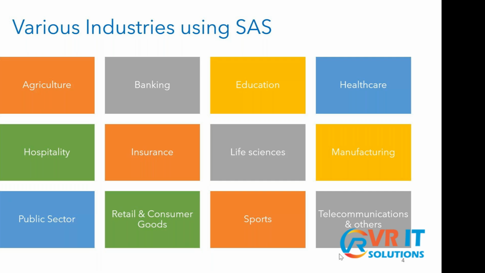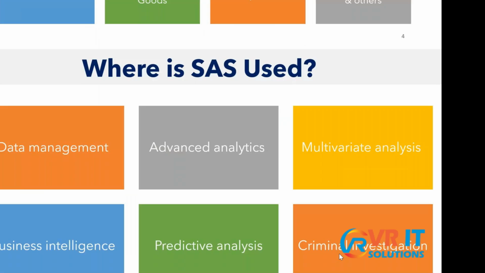You take the public sector, manufacturing, telecommunications, even retail and consumer goods. Right now, we are using SAS in a wide range. Apart from that, even in governance and the healthcare sector, SAS is widely used because of its very sophisticated statistical tools, statistical power, and ease of use.